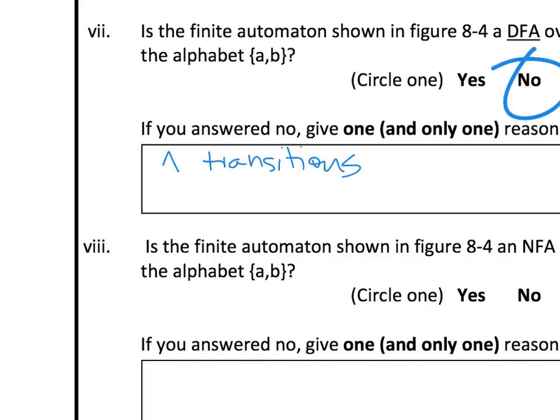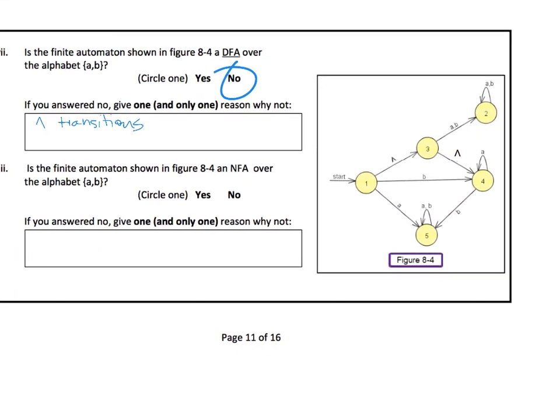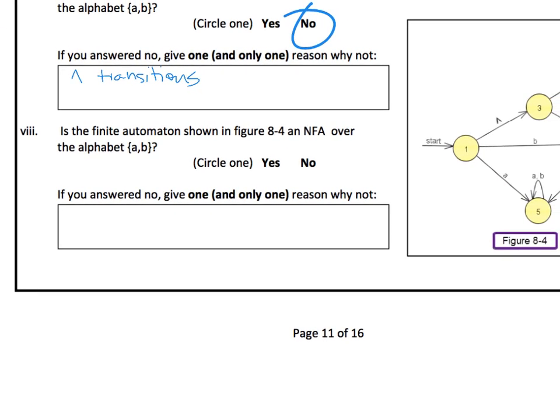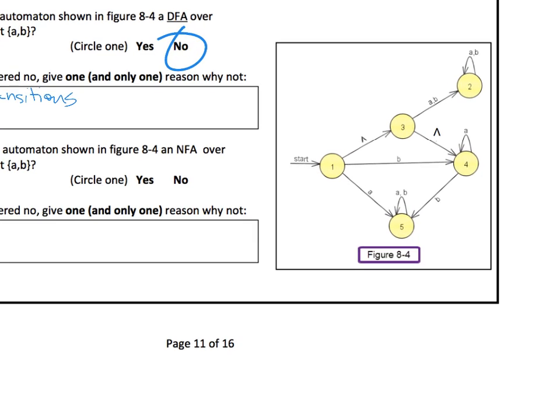I could look and see if there are two A outs somewhere, or not an A and a B, but lambda transitions, that's all you need to say. Is it an NFA? Well, let's take a look. It's got our start. All the transitions look reasonable. I don't see anything wrong with it. Again, it doesn't have a final state, but that's okay.